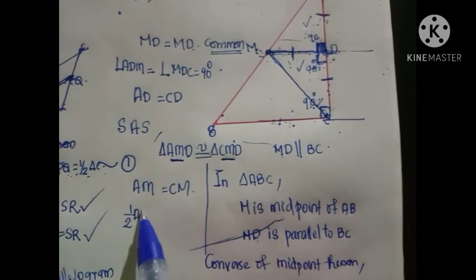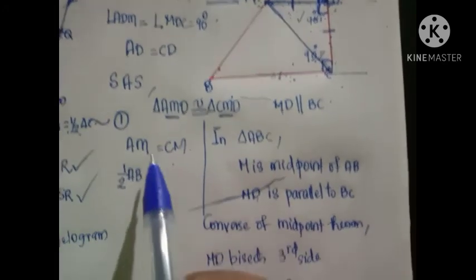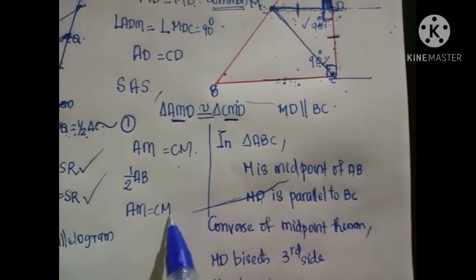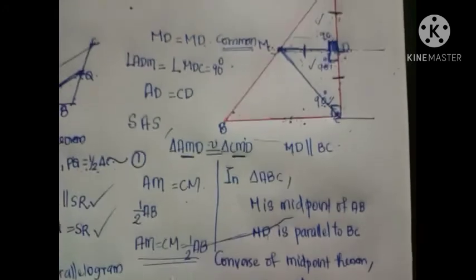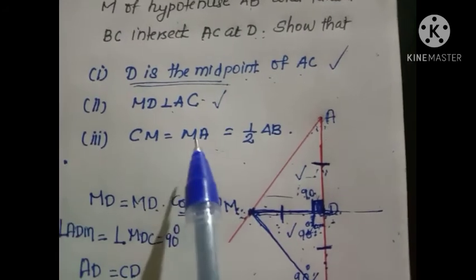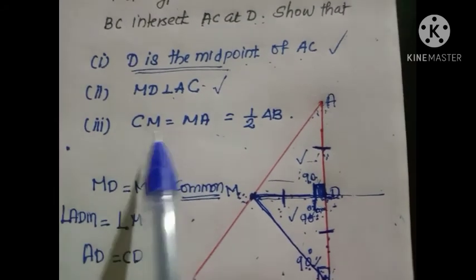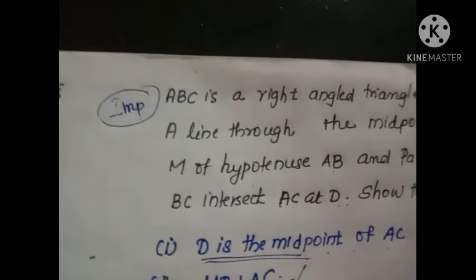If AM is half of AB, then CM is also half of AB. So we can write AM is equal to CM is equal to half of AB. That's our third one. See, this is important. So write and study this question.